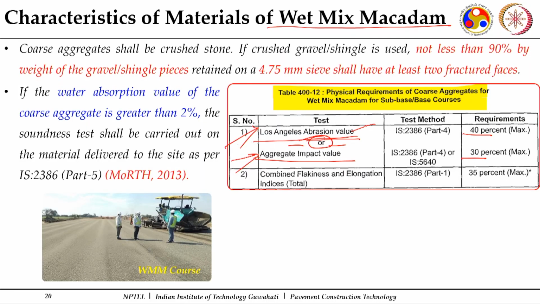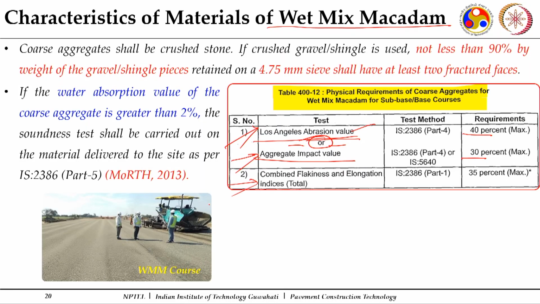Otherwise, if the water absorption is within the limits, a Los Angeles abrasion value test is more preferred because in some manner it gives the abrasive as well as the impact forces during its measurement. So, this can be preferred if the water absorption is not more than 2%.